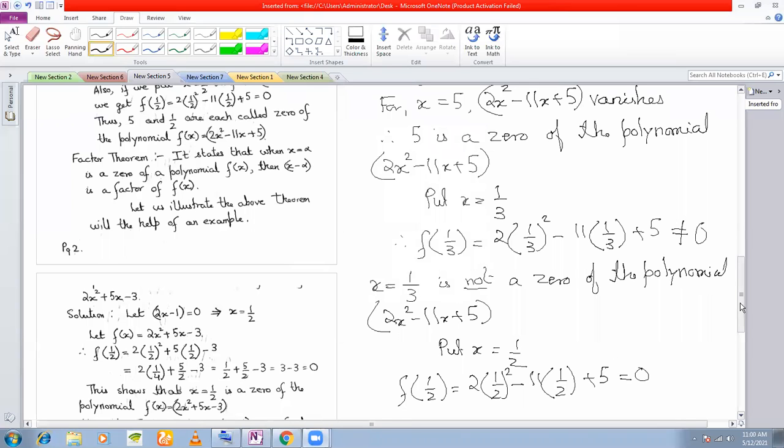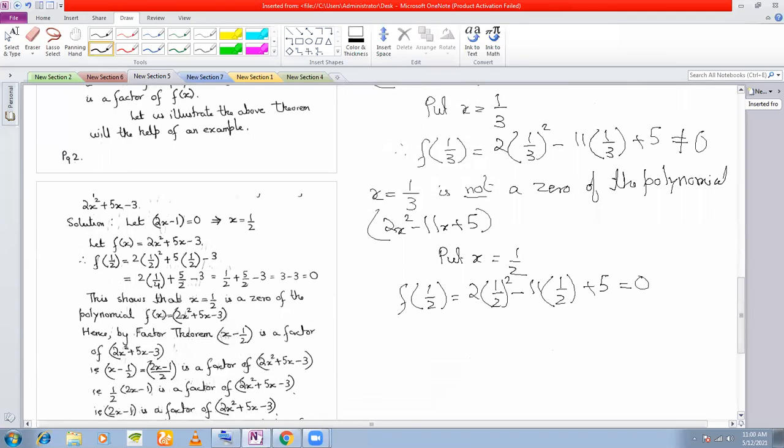So, since by putting x is equal to half you're getting a 0, you say x is equal to half is a zero of the polynomial 2x square minus 11x plus 5.